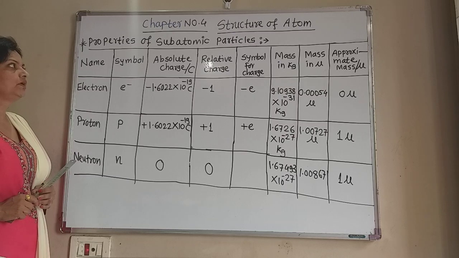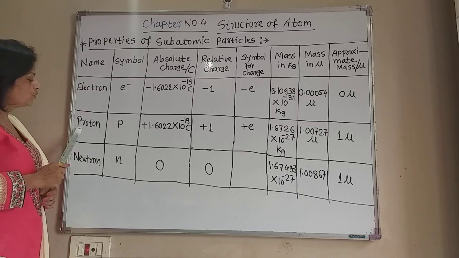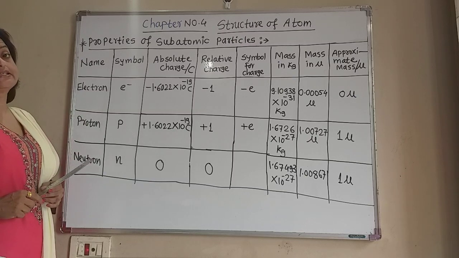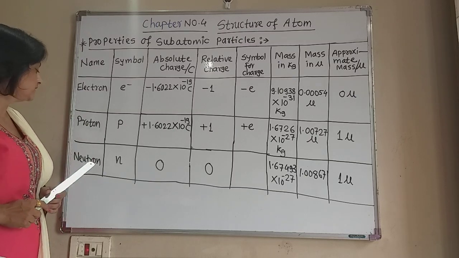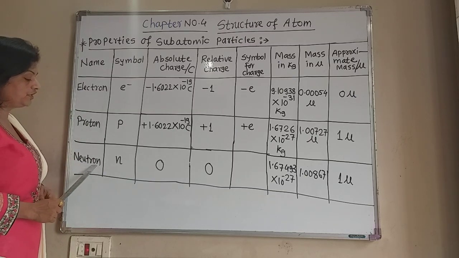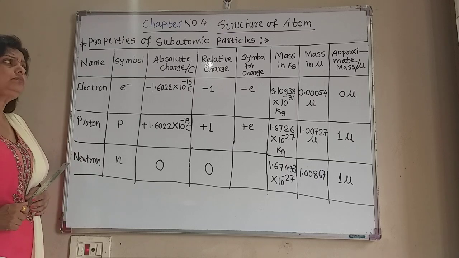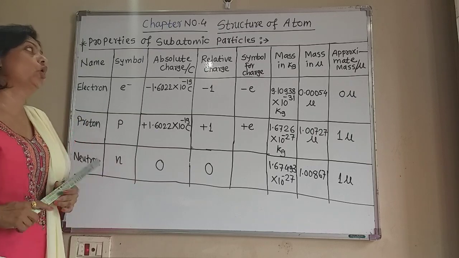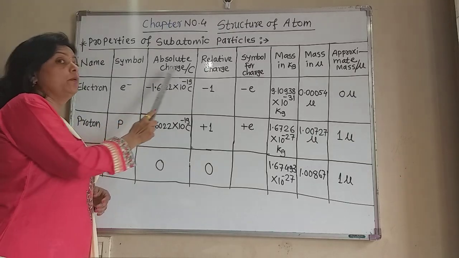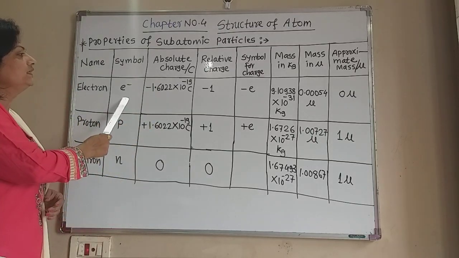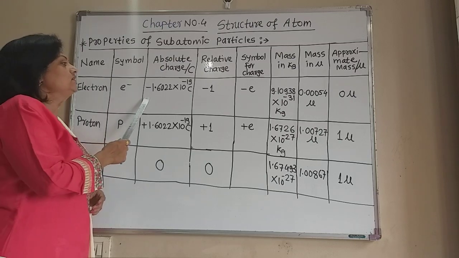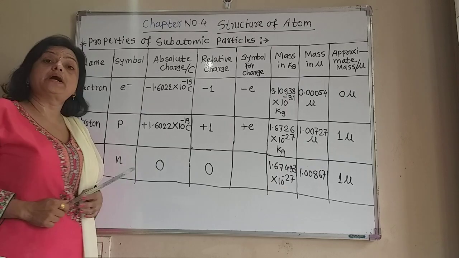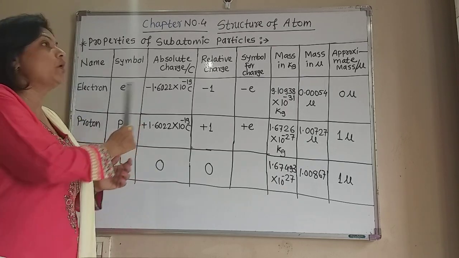Proton is denoted by P, or it is also called the hydrogen nucleus, and neutron is denoted by small n. Now see the absolute charge in coulomb. The absolute charge of the electron is equal to minus 1.6022 into 10 raised to minus 19 coulombs.